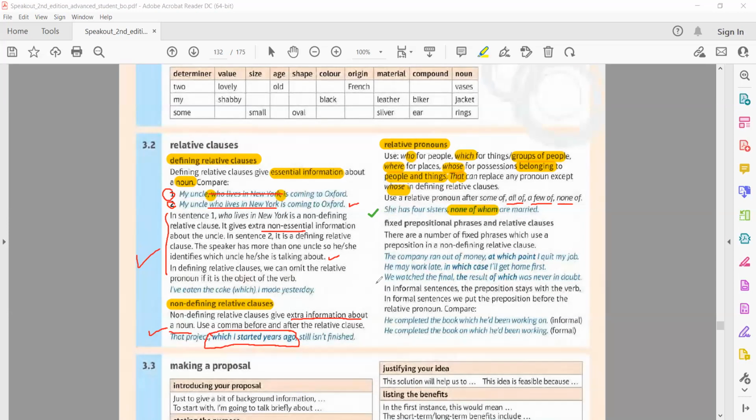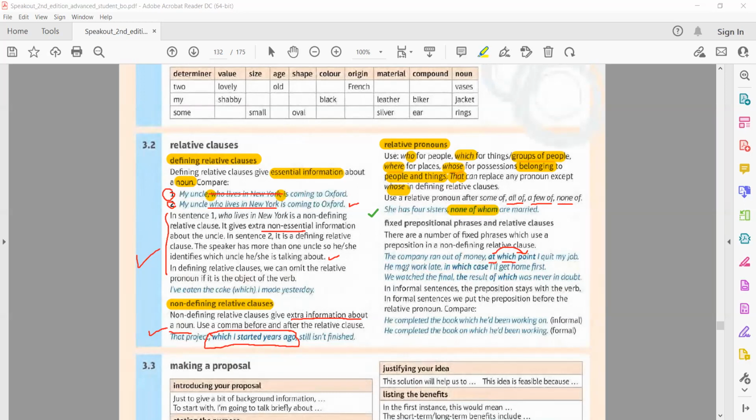For example, the company ran out of money, at which point I quit my job. This style is really advanced. If you don't feel comfortable with using it, don't risk it in the exam, okay? Unless you're asked to. At which point? So here they're talking about the point, and that's why they put at which point. Here they're specifying the point that I quit my job. It's a good expression though. If you learned it well, you can use it.